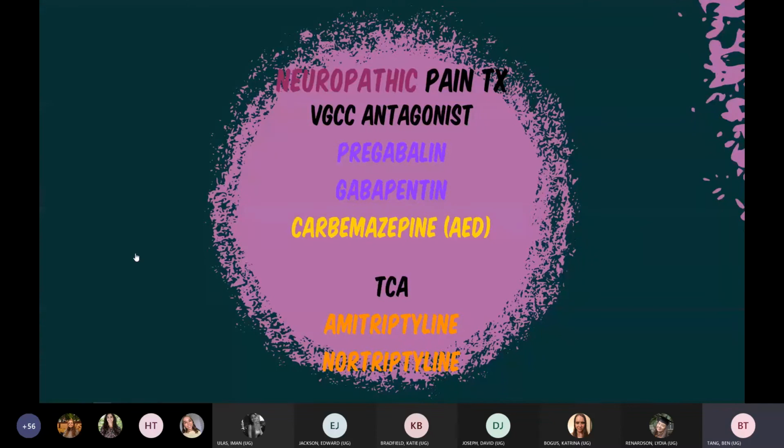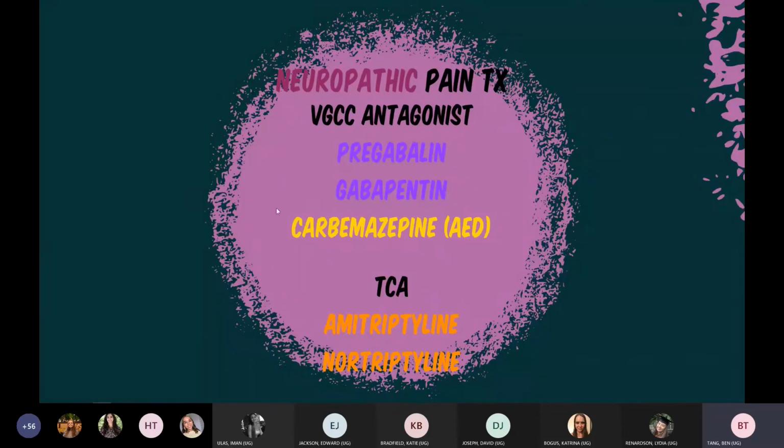What you have up here is pregabalin and gabapentin, which can be grouped together because they basically affect the GABA circuit in your brain. Pregabalin affects the transport of GABA, which is an inhibitory neurochemical, and gabapentin affects the synthesis of GABA. So that's how they're slightly different, but they're both used in the same way.